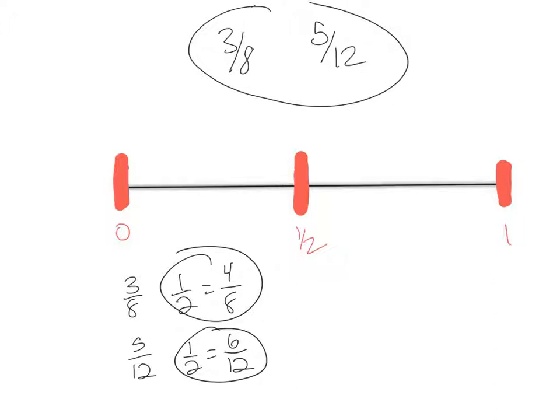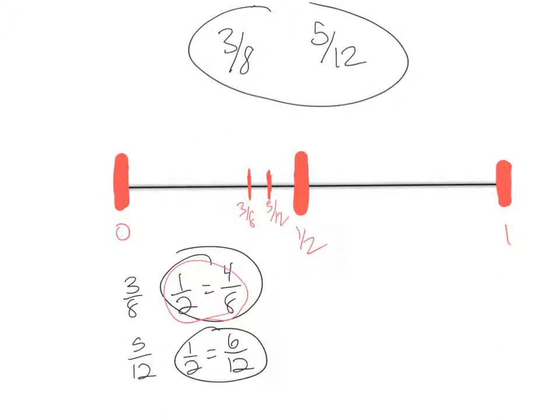So right here, I'm going to put which one is closer to a half. Now this is where you may not understand this, and it's okay because this is a really bad example I just came up with. Because 3/8 and 5/12 are both one away from a half. But because this is cut into larger pieces, 3/8 is actually going to be a little further away than 5/12.